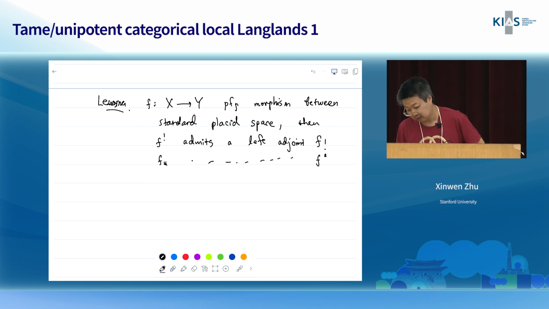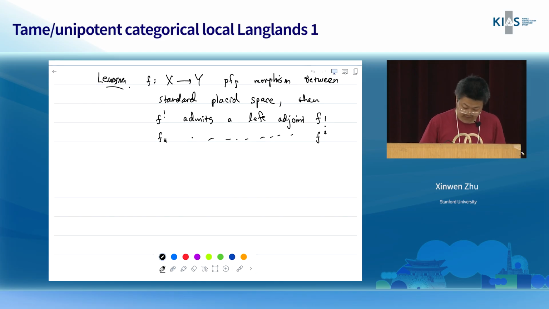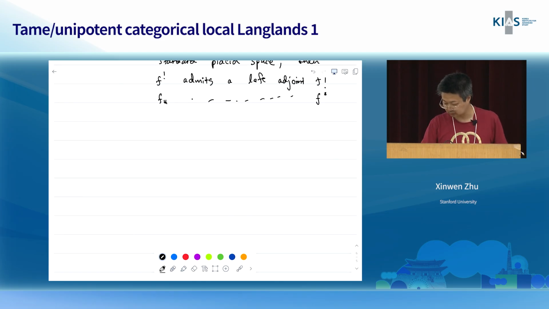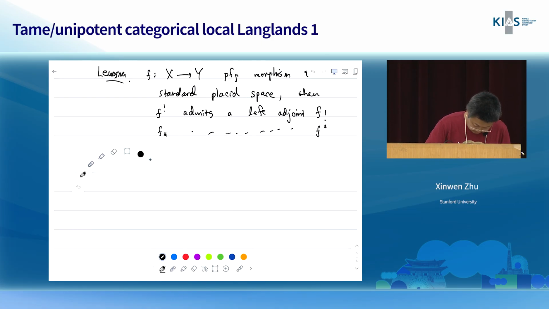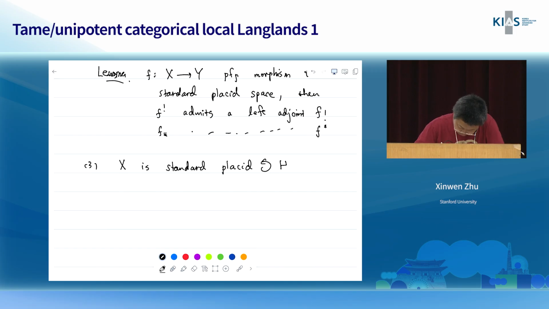I think my time is almost over, but let me just say one more thing. In the afternoon I will illustrate the proof of the theorem. So this is 1, 2, 3. And the third fact is: suppose X is standard placid, acted on by H, some affine pro-algebraic group.